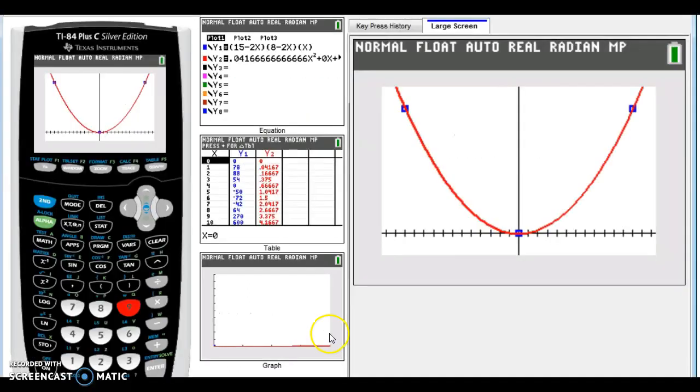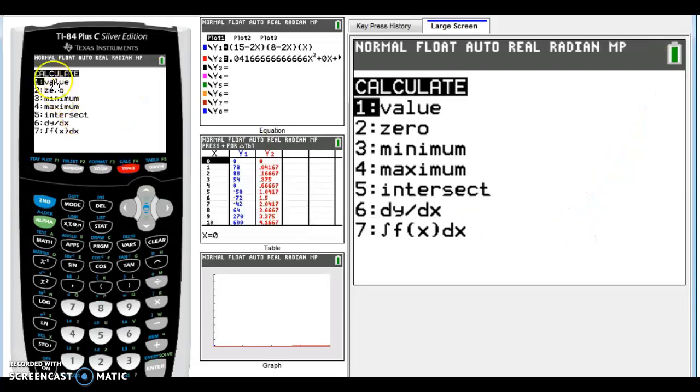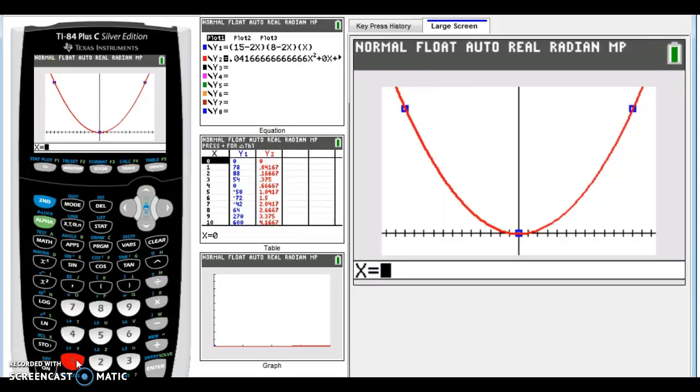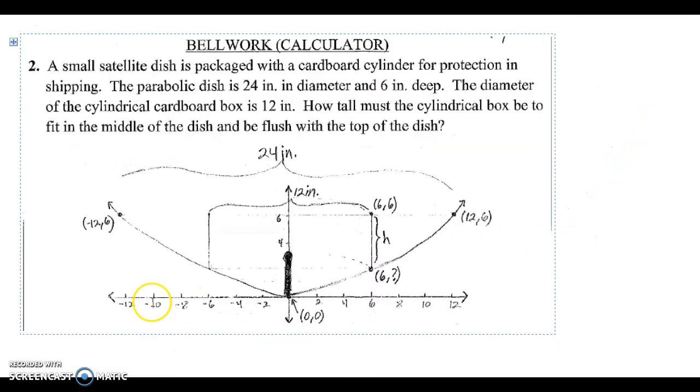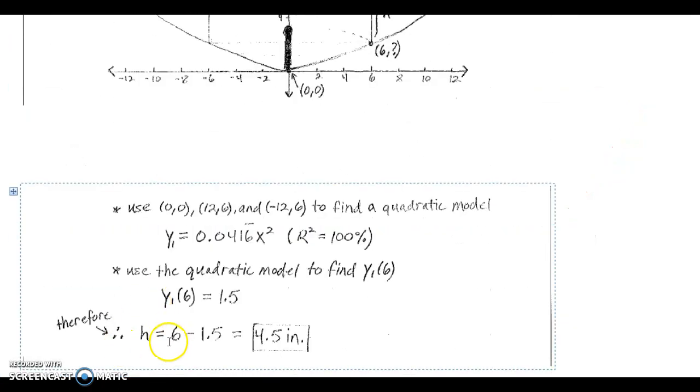There's a bunch of ways you can do it. One way is to just hit second, trace, value. I want to know what the height of the parabola is when x is 6. It tells me the height is 1.5. So this distance right here is 1.5. All the way up to here is 6, which means if I want to know the height of that cardboard box, all I have to do is subtract that 1.5 from the 6 to get 4.5 inches.